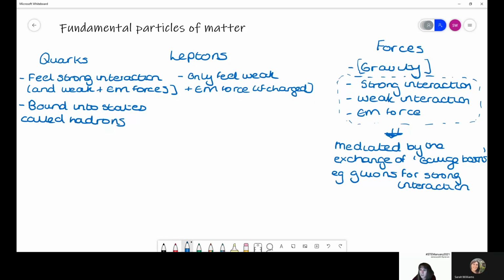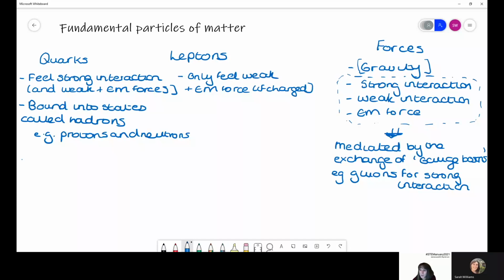For example, the proton and the neutron are examples of hadrons. So for now, I'll just talk about the lightest two quarks.